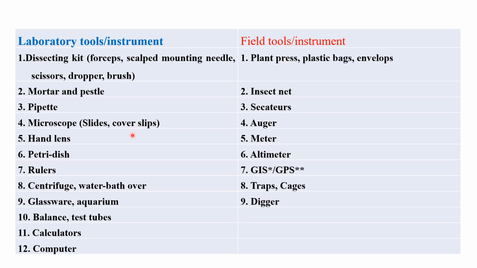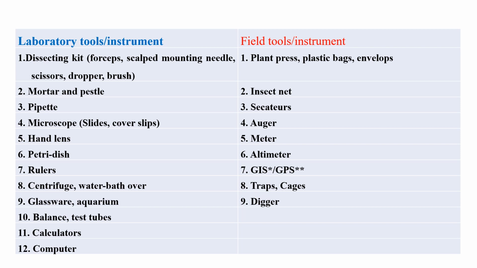These are dissecting kits, mortar and pestles, pipettes, microscopes, hand lenses, petri dishes, rulers, centrifuge, water baths, glassware, aquarium, balances, test tubes, calculators and computers, the laboratory tools of biology.